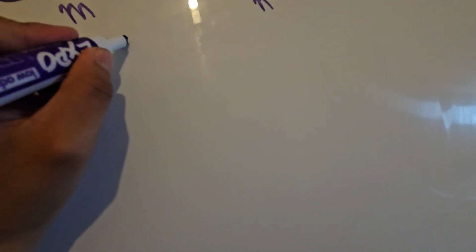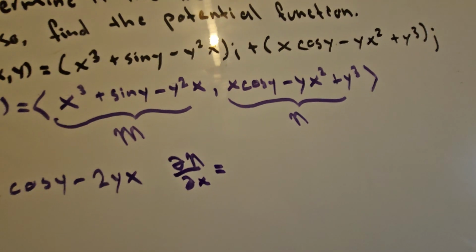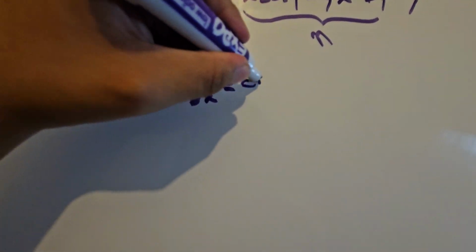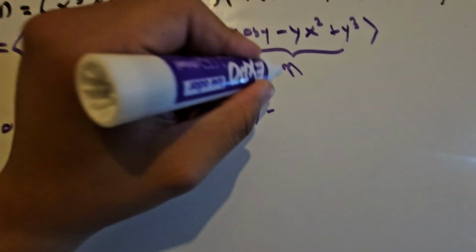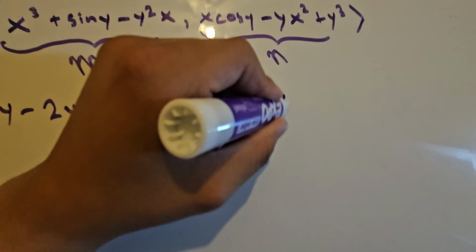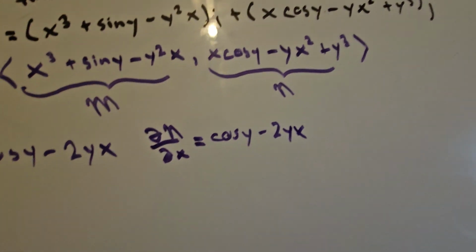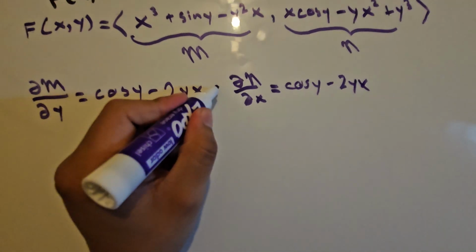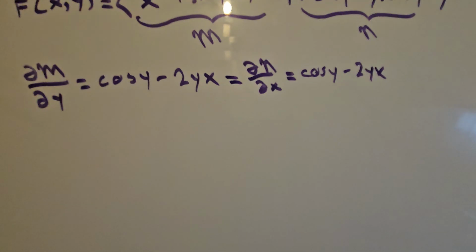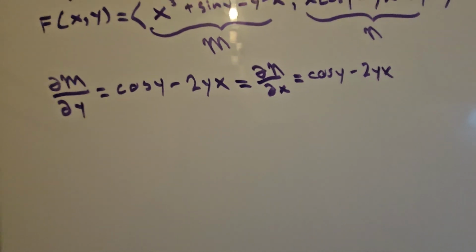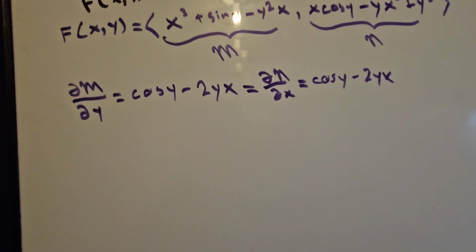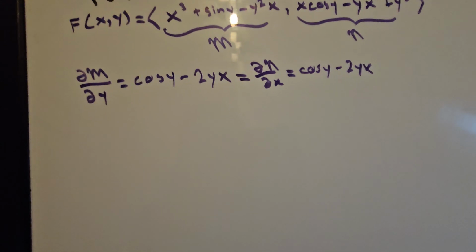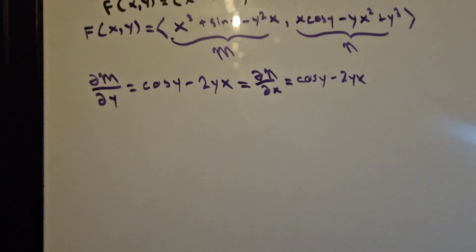That is cosine y minus 2yx. So look at these. They're equal to each other. That's a good sign that the vector field is conservative. So yes, they are conservative.